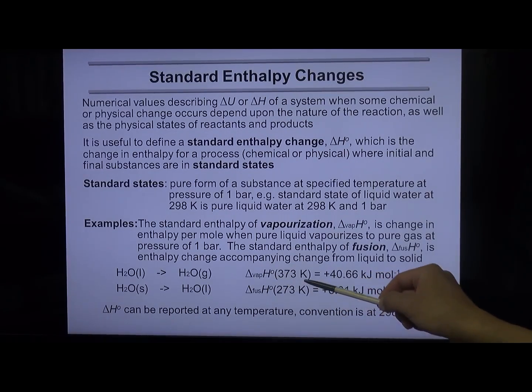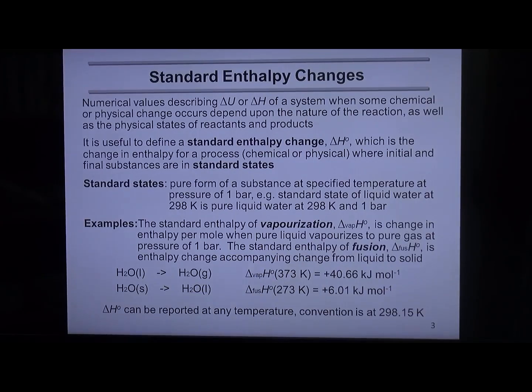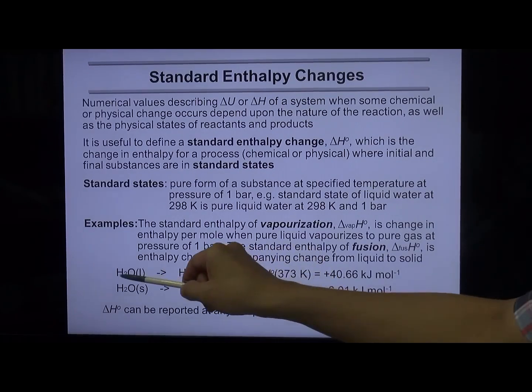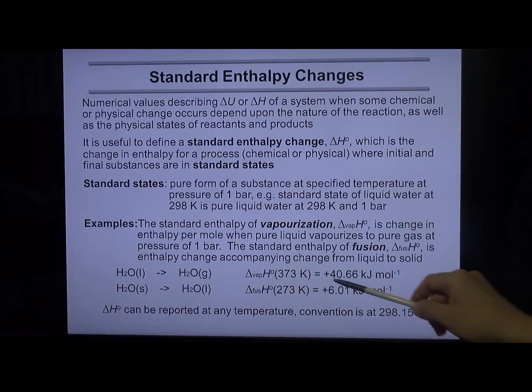And this physical change occurs at 373 Kelvin, or 100 degrees C, and 1 bar, right? Specific pressure. So both of initial and final substances are in standard state. Okay. So we can define standard enthalpy of vaporization, which has some number.